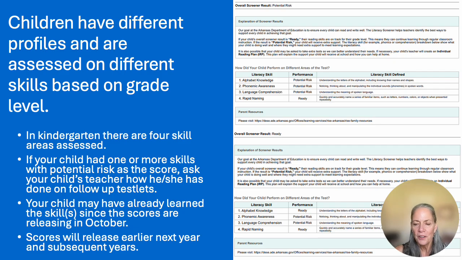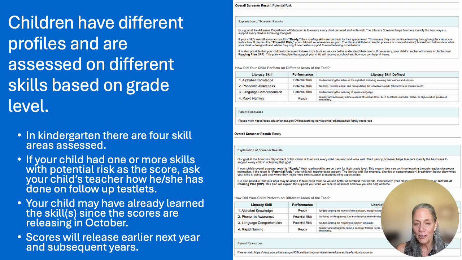So if your child has a profile that's kind of mixed, you would want to know from your teacher if they have done additional testlets or follow-up, because it is October. This is October 15th, and the scores just were released because, again, the test was redesigned. In future years, the scores will be released earlier in the learning part of the year, so closer to August or September.